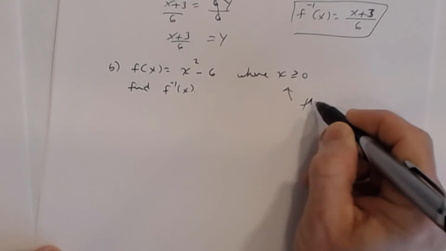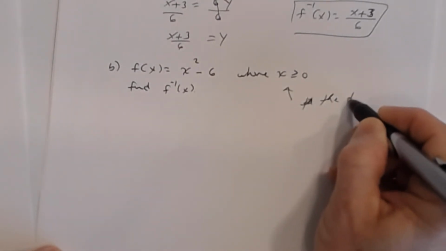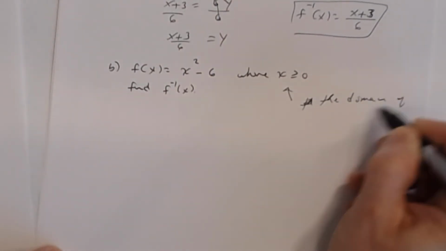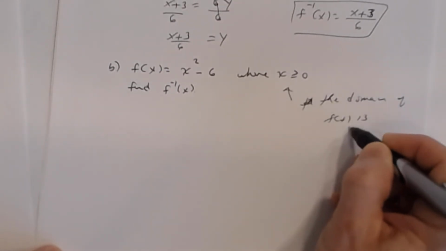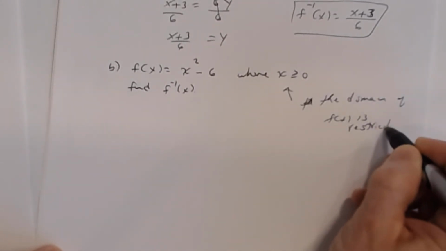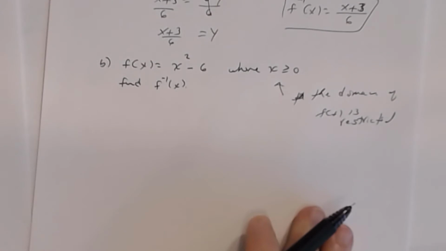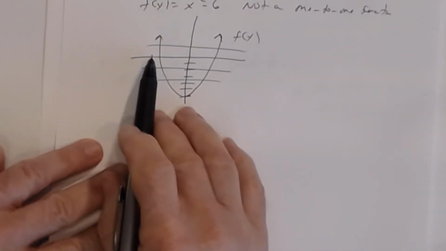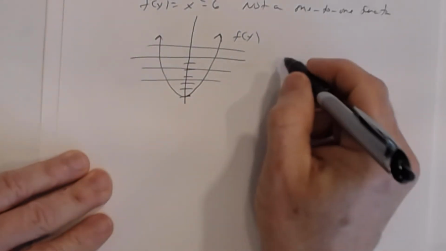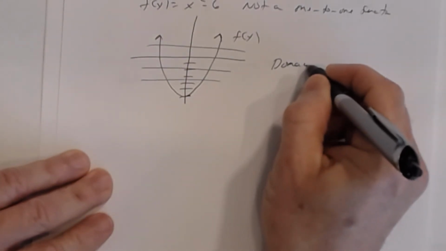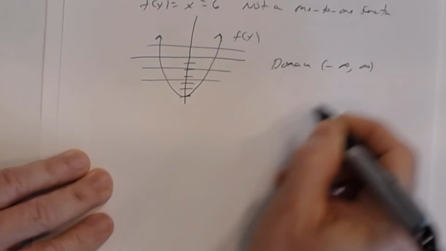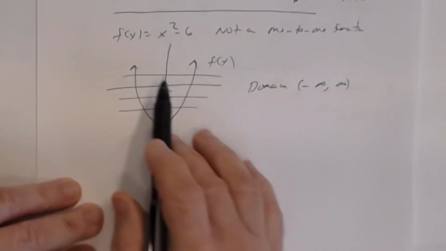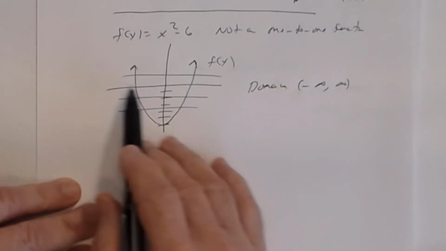So the domain of f of x is restricted. As you look at the lessons, you're going to see that word restriction. You see the domain here is from negative infinity to infinity. Because the domain is negative infinity to infinity, it's not a one-to-one function.